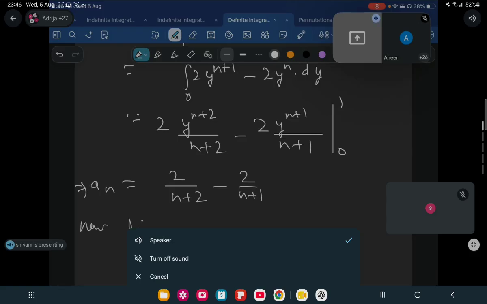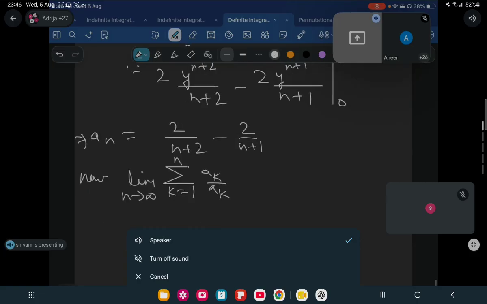Now limit n tends to infinity of the summation of k equal to 1 to n of ak by k. This is what we need to find out. This will be equal to limit n tends to infinity of summation of 2 by k into k plus 1 minus 2 by k into k plus 2.